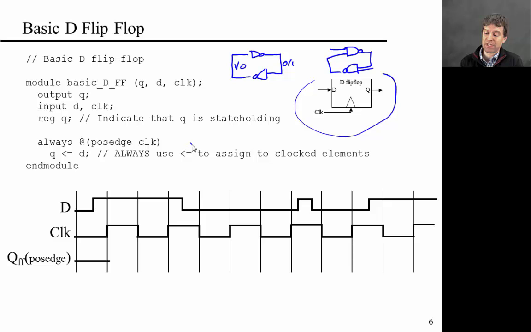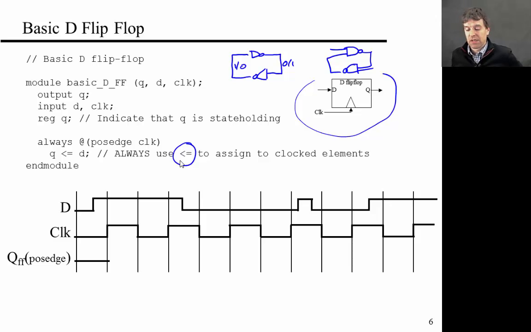So this is important. This is essentially like an equal sign, but within an always block, you always have to use this particular notation. I'll give you an example later as to why that matters, but for now, just remember that whenever you're writing in an always block, always at positive edge clock, you want to use this particular symbol and not the equal sign. Okay?